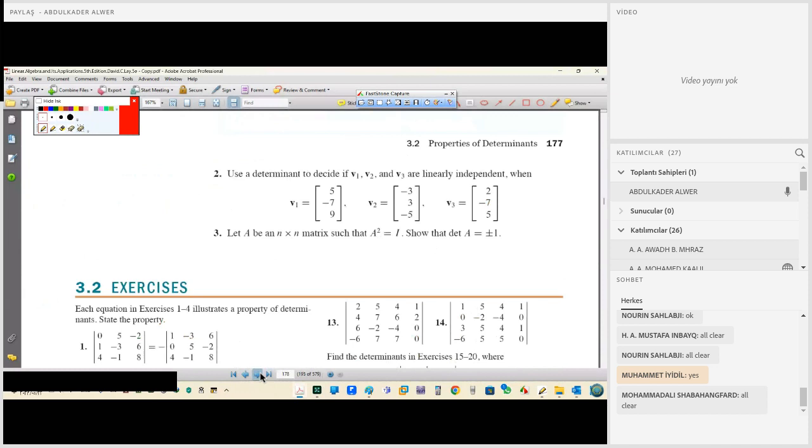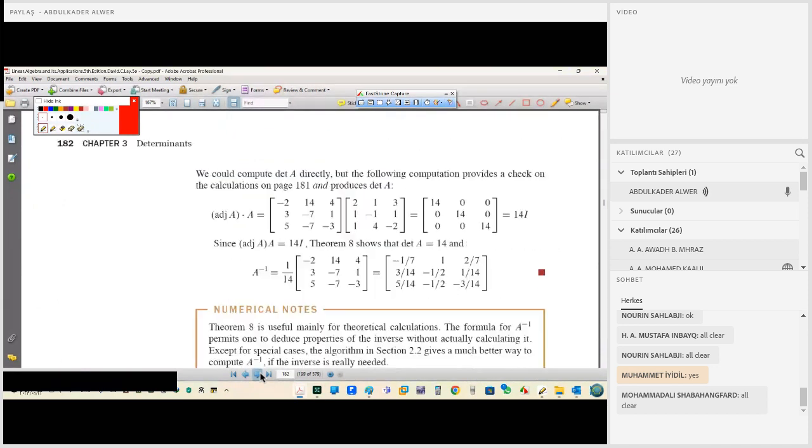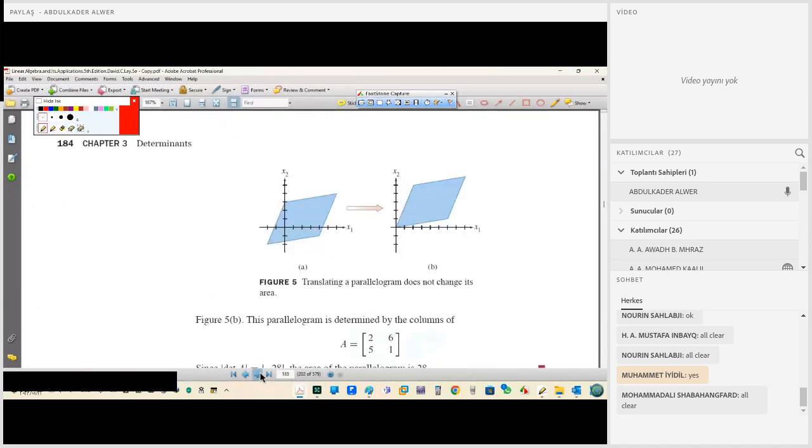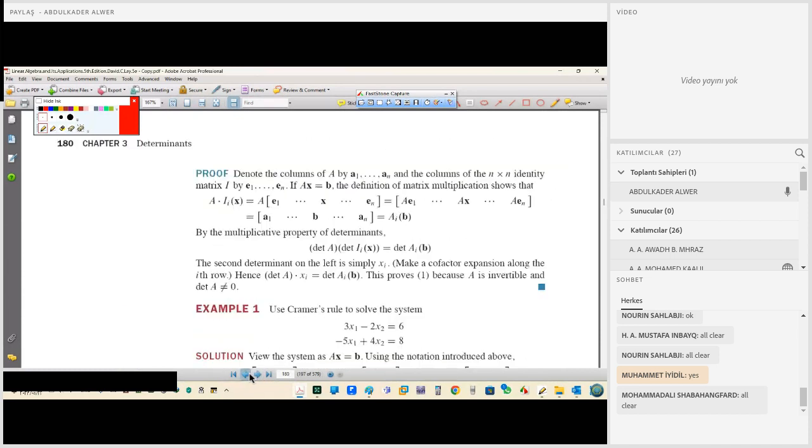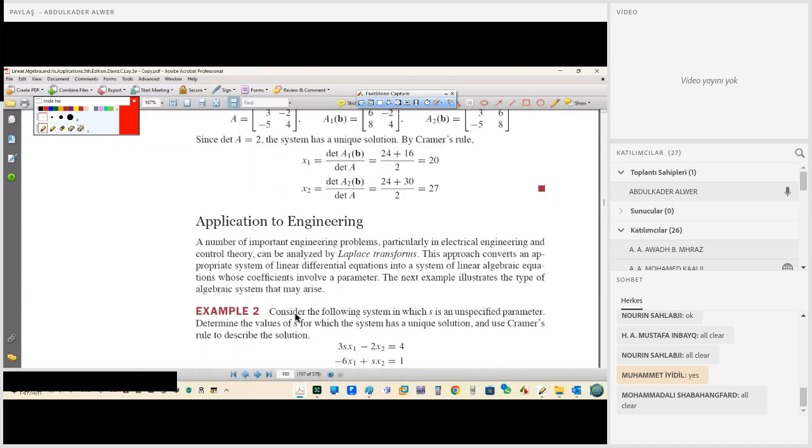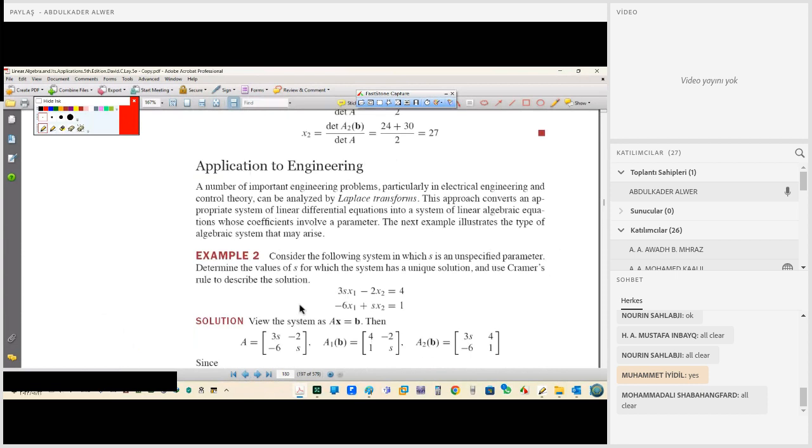Now let's go to another part. Another way to find A minus 1.